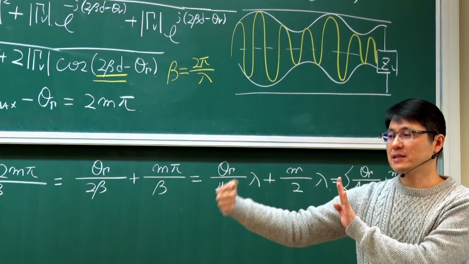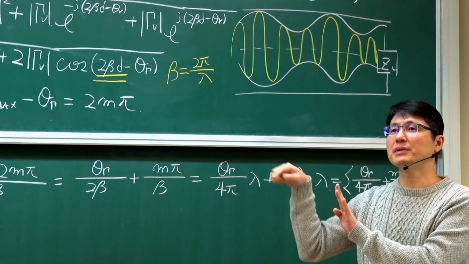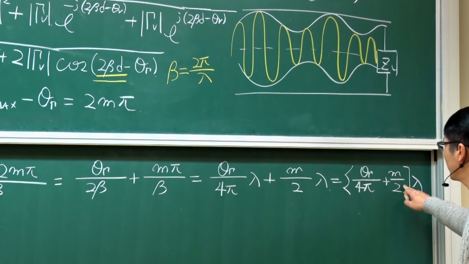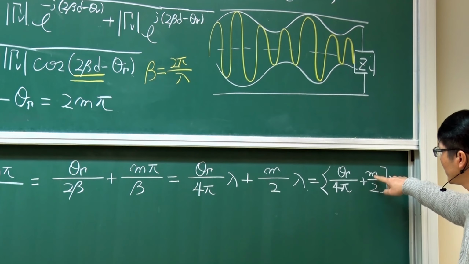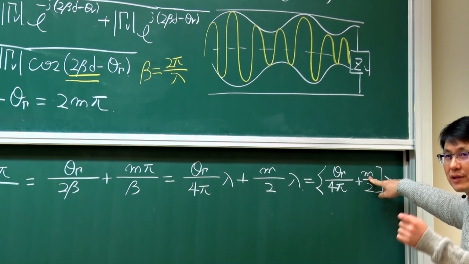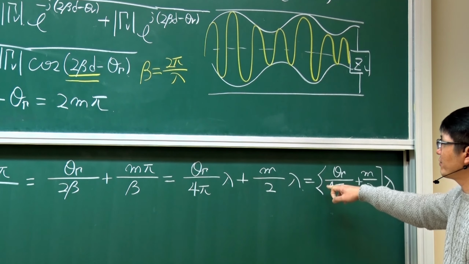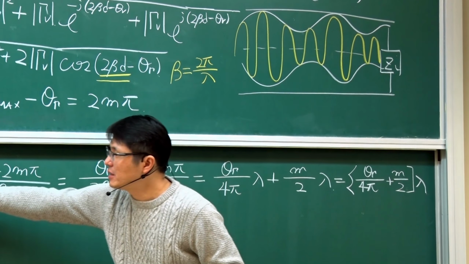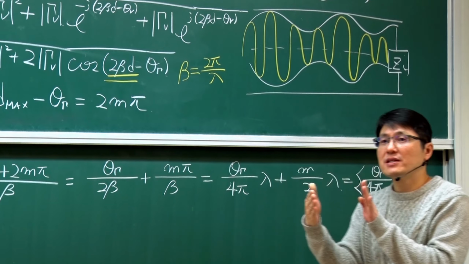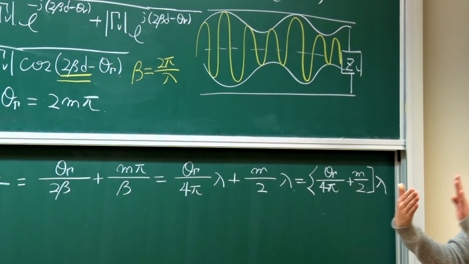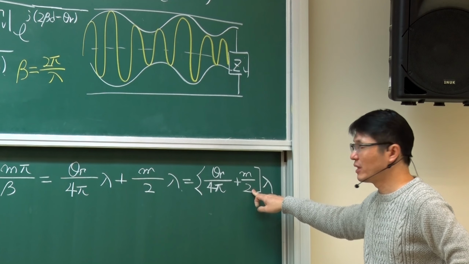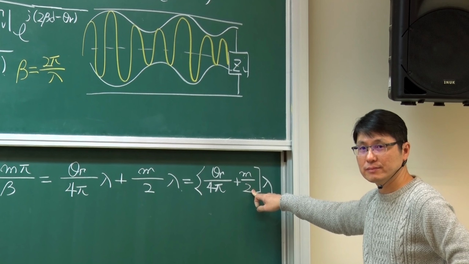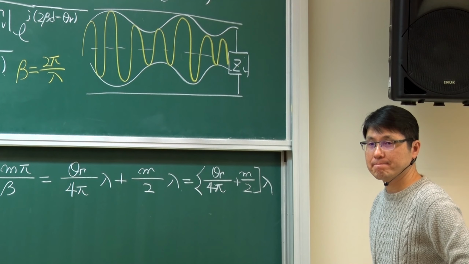So it repeats itself every lambda divided by 2, and that is exactly represented here. When you change n from 0 to 1 to 2, you get the next maximum location, and the distance between the two maxima is exactly lambda divided by 2.